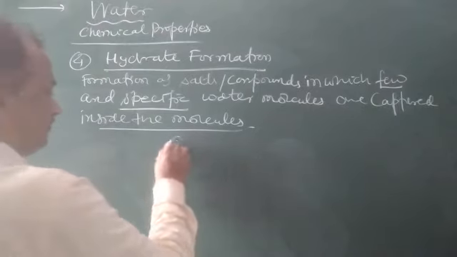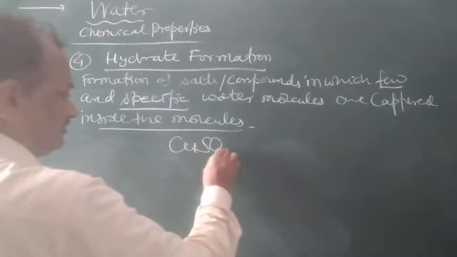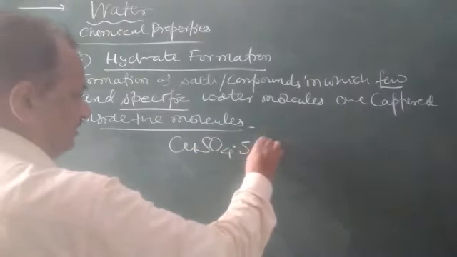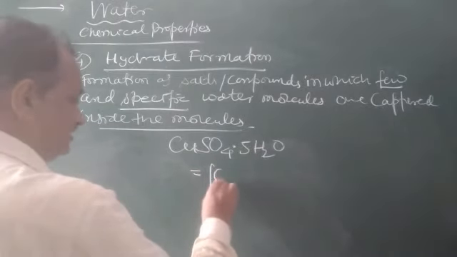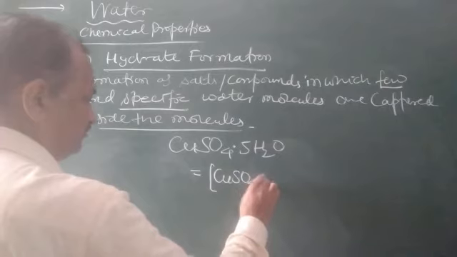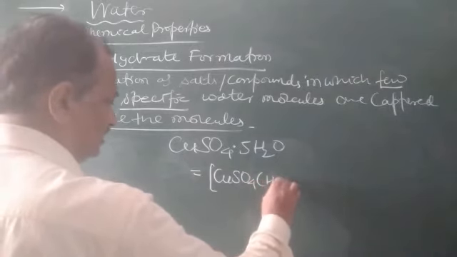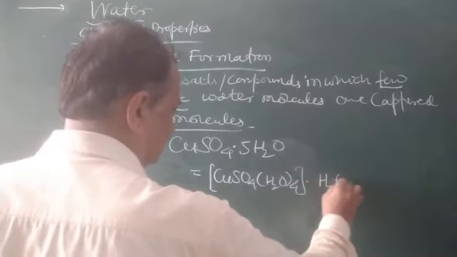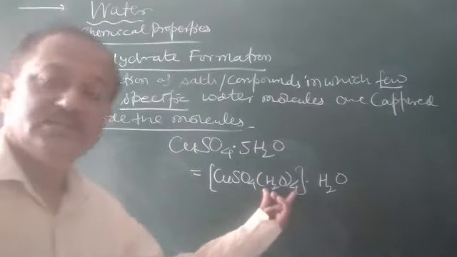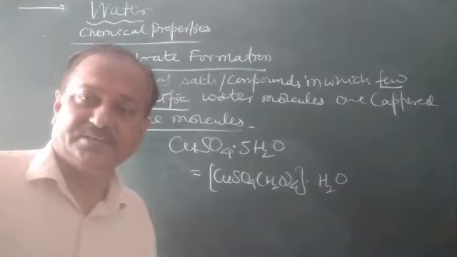So, first we take CuSO4, 5H2O. So, actually it is like this, [Cu(H2O)4]SO4, and there is 1 more H2O. So this is the real scenario.